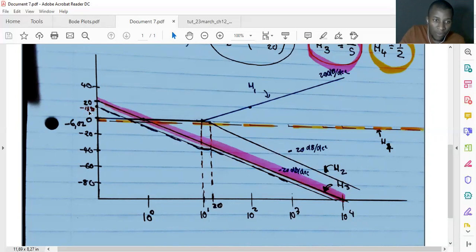And then to sum up, we'll have a value of minus 13.98. So that's where it is.